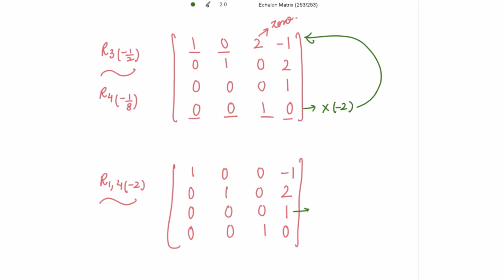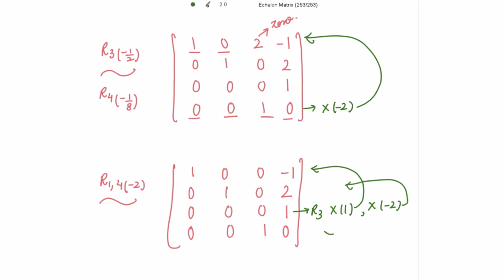Let's make use of this third row and get all these entries to be 0. To get 0 in place of negative 1, just multiply the elements of the row 3 with 1 and add its elements to the first row. And to get 0 in place of 2, again multiply the elements of the row 3rd with negative 2 and add its elements to the row 2.